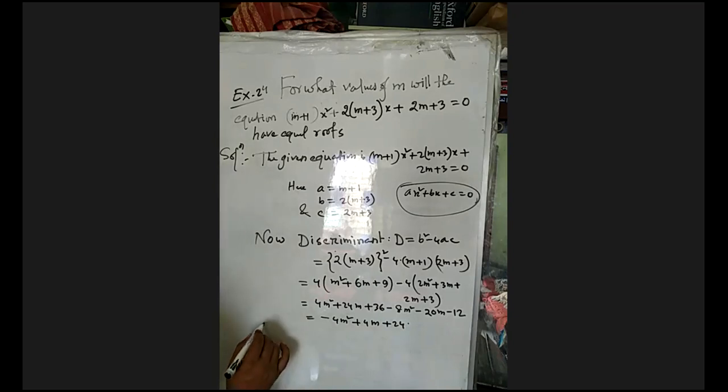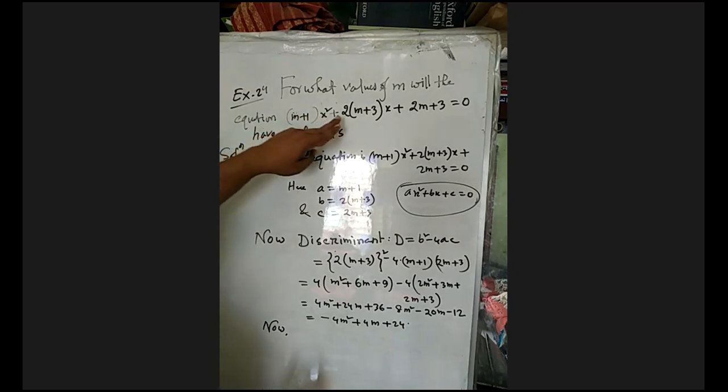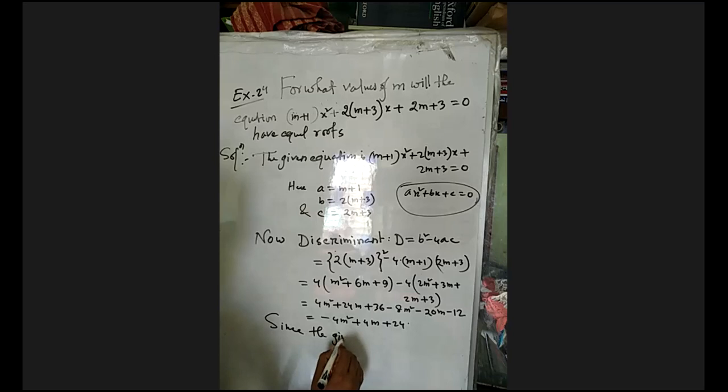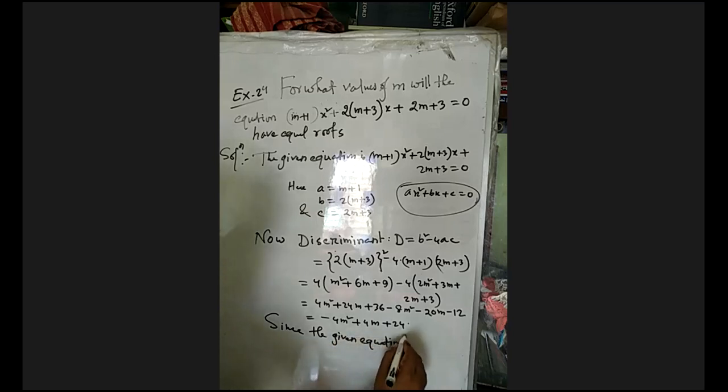Now, since the given equation has equal roots, what will the discriminant be? The discriminant D equals 0 for equal roots.